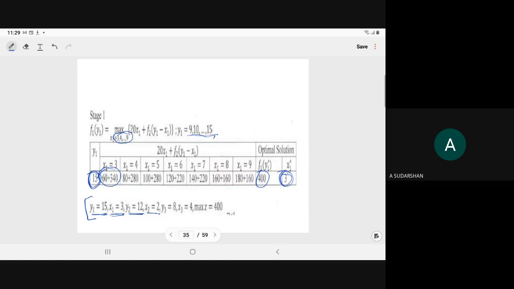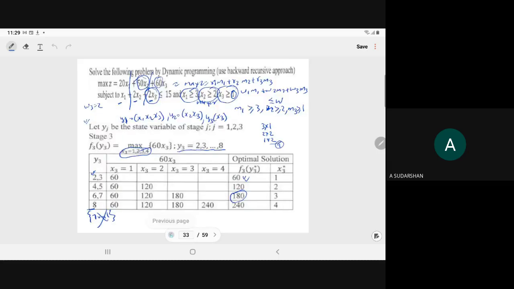So 4 units you have used out of the remaining 12. So now we have the remaining 8 units. Corresponding to 8 units, in stage 3, if you check, we can select the 4 items of type 3.